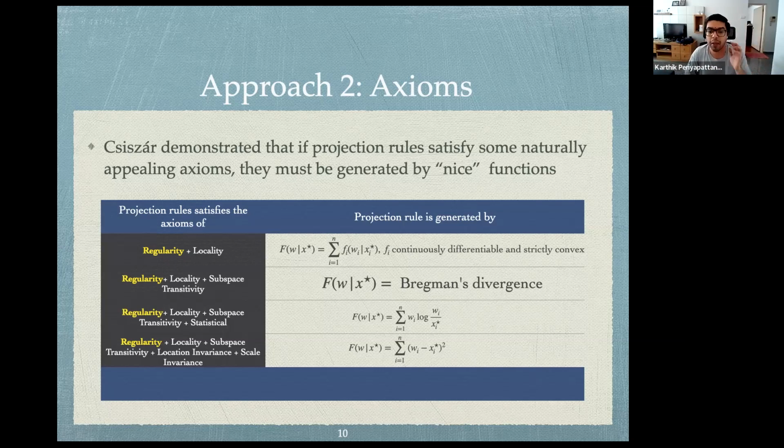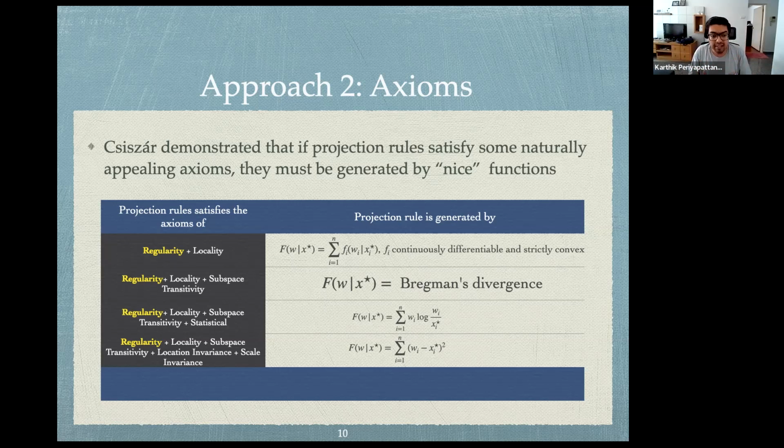So regularity plus locality plus subspace transitivity for the projection rule implies that the projection rule has to be generated by a Bregman divergence. Conversely, if you minimize Bregman divergences, the projection rule arising out of such a minimization has to satisfy the properties of regularity, locality, and subspace transitivity.